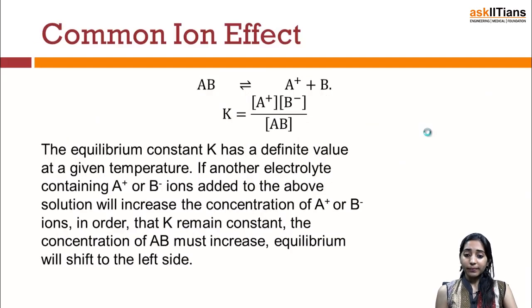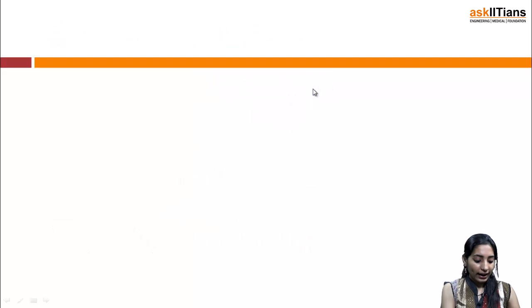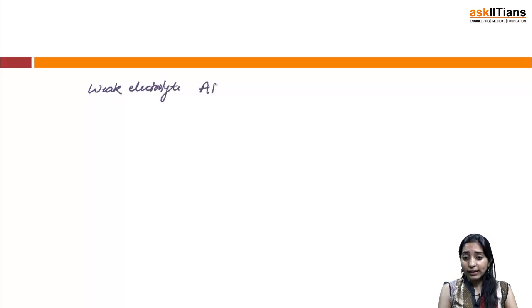Let's now discuss the complete theory of common ion effect in detail. It says that, for example, you consider any particular electrolyte AB, which is going to form A positive and B minus. So here I can write that if you take any weak electrolyte, let us say the weak electrolyte is AB, it will be taking part in an equilibrium where you will have A positive aqueous and you will have B minus aqueous.